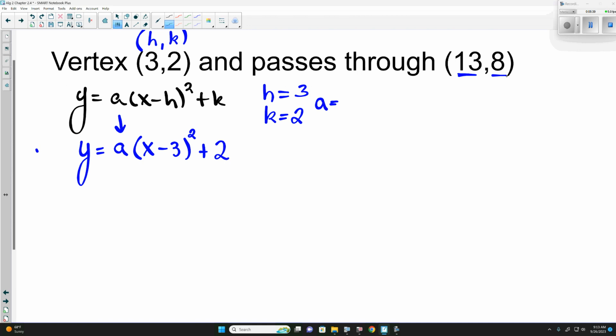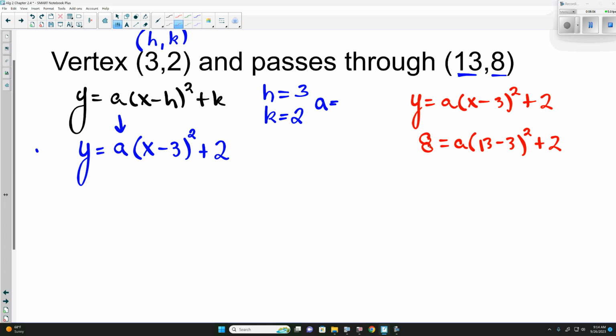So the way we find a is we take this equation and plug this point in. When I plug 13 in for x, the y value will be 8.